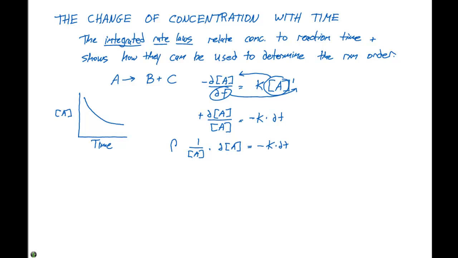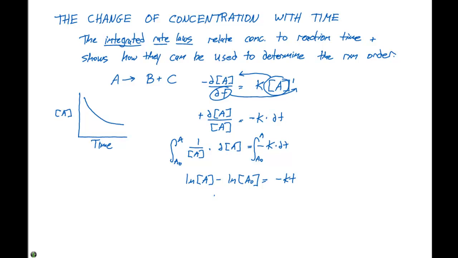So if we take the integral from A0 to A of both sides, the integral of 1 over A is going to be the natural log of A. And when we arrange that, we can say the natural log of A minus the natural log of A0 is going to equal negative k times t.